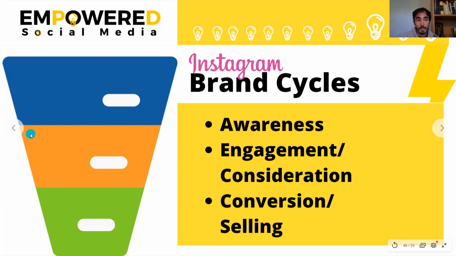Have considered us to be in their perceptual set. If you don't know what that is, it's worth a Google. And then we have conversion and selling. So an even smaller percent of the people who are aware of us have engaged with us and then purchased our product. So that's the brand selling cycle. So how does that work on Instagram? Let's talk about it.